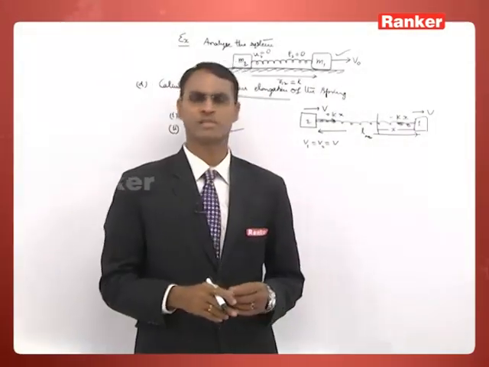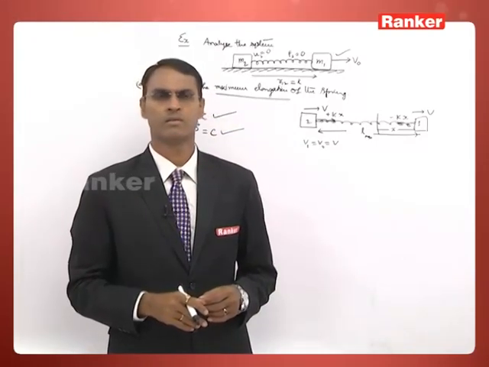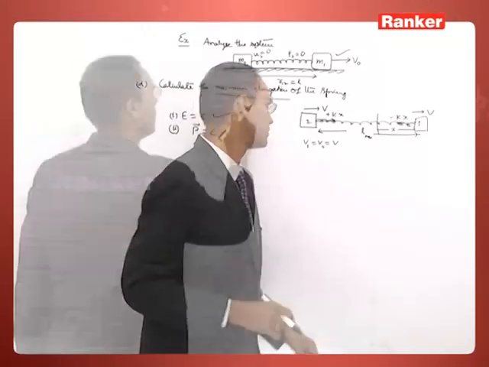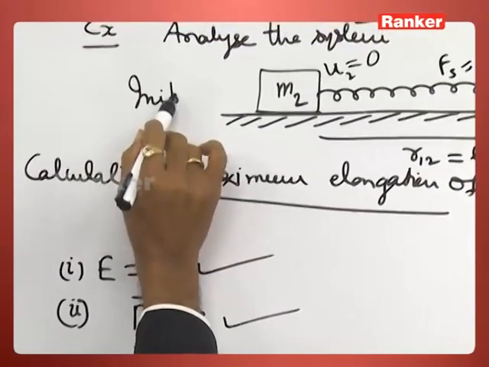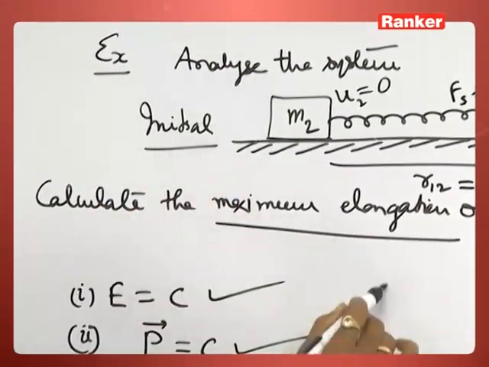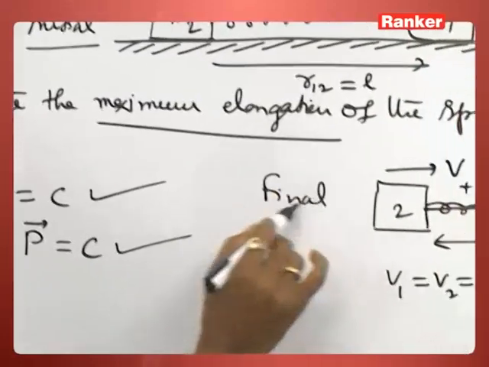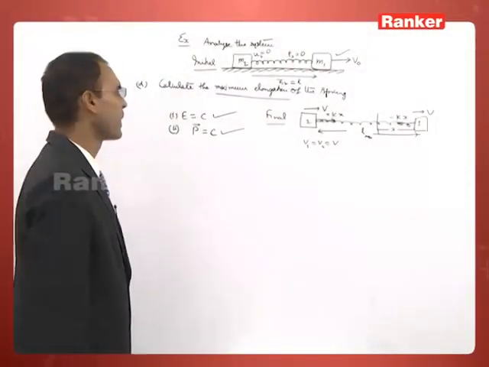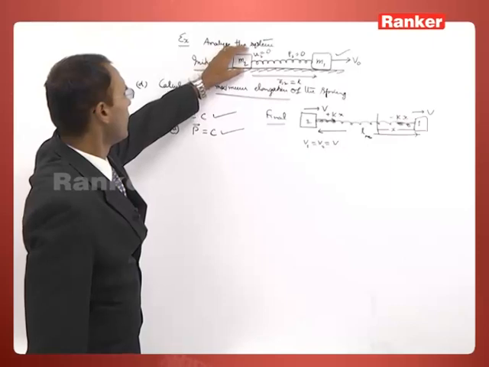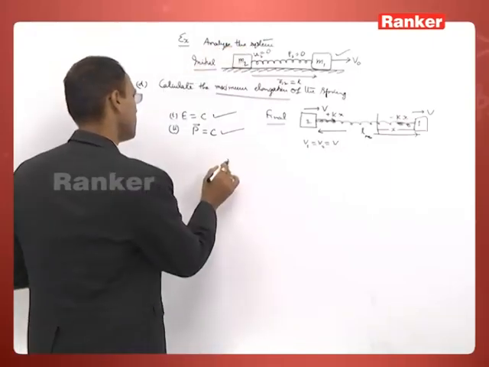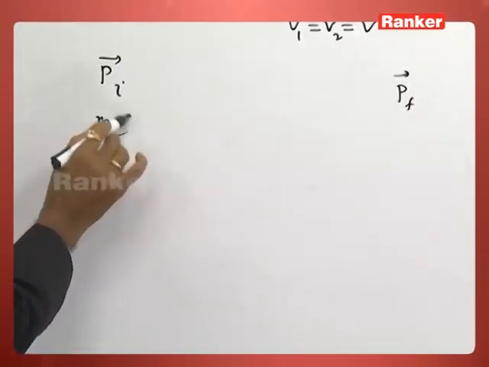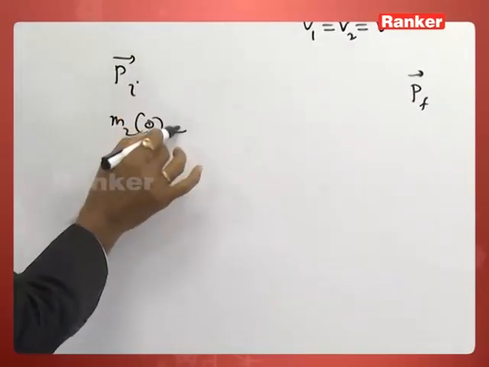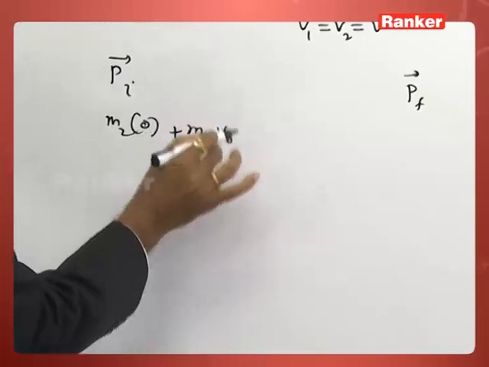These two principles will hold good. This is the initial condition. This is the final condition. Initially, the momentum is m2 into 0 plus m1 into v naught i cap.